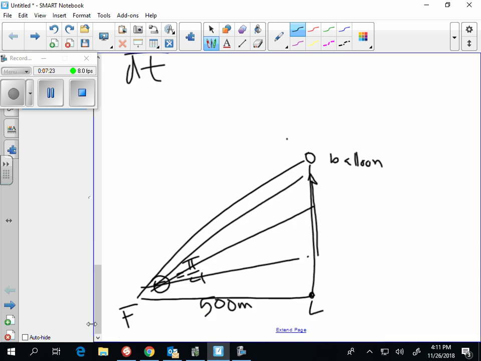Though, look and notice 500 is a constant. The rangefinder isn't getting closer and further back, so I can plug that value in right away. Okay. The angle is changing.